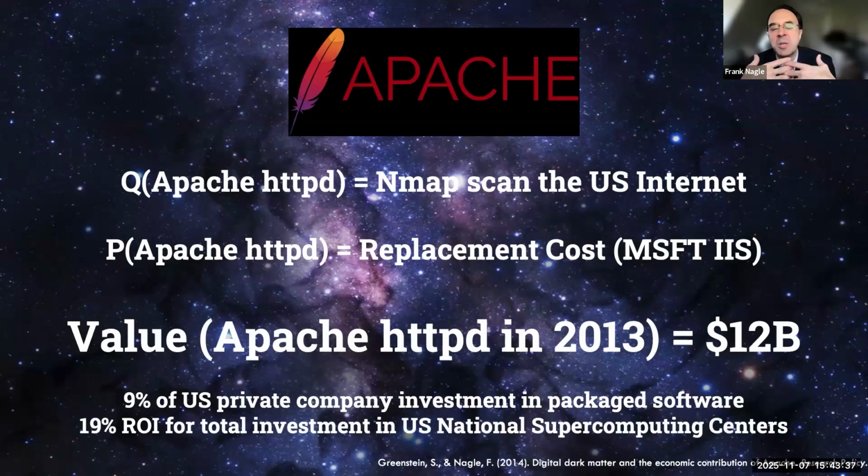So instead, we looked at if Apache was the only thing that came out of the national supercomputing centers, this still would have been a 19% return on investment by thinking about this value that Apache created. Obviously many other things have come out of the national supercomputing centers, including a whole bunch of hardware designs and technology. But again, thinking about the return on investment here, it's actually quite large, right?